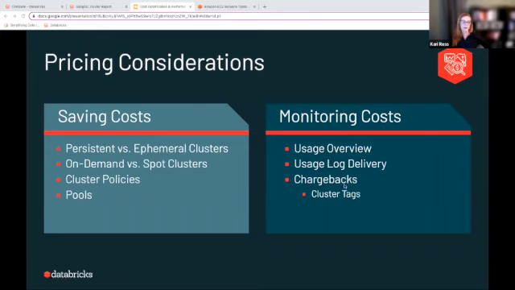For chargebacks, the first recommendation is to do cluster tagging. We have some sample notebooks that show how you can get the cluster logs delivered to an S3 bucket or ADLS and how you can start managing those at a lower level.